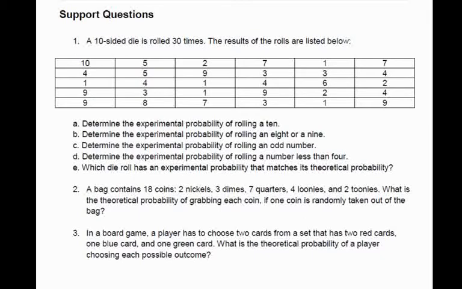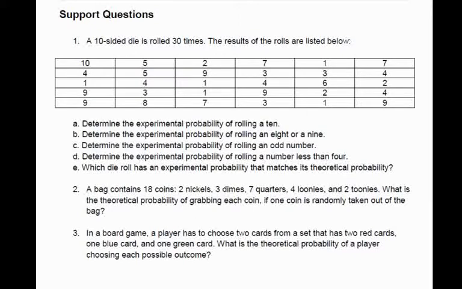So the theoretical then, you basically have to look at each die roll and see if there's any that are more than what you would expect theoretically to roll, or any that are exactly what you expect theoretically. So if we had 30 die rolls and we expected 10% of them to be of each number, then 30 times 10% is 3.